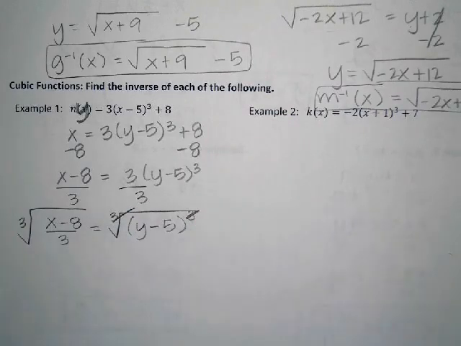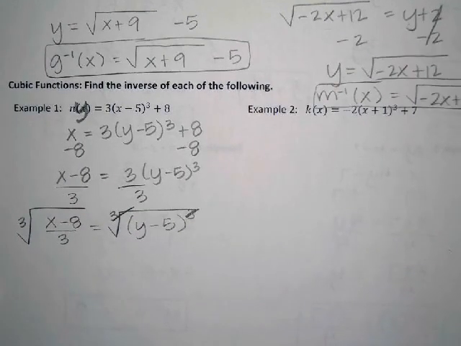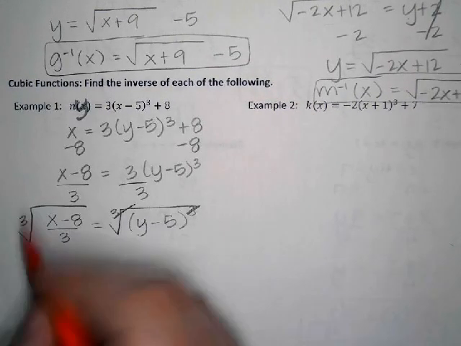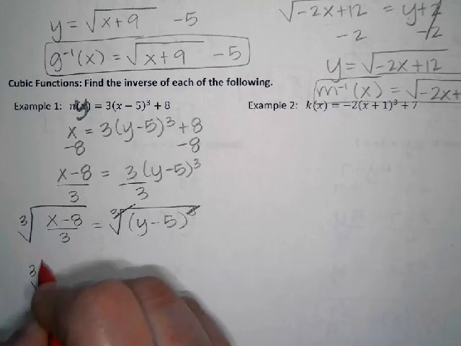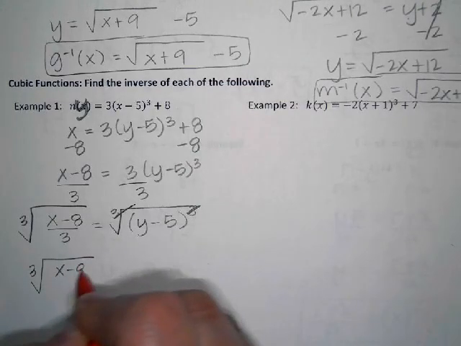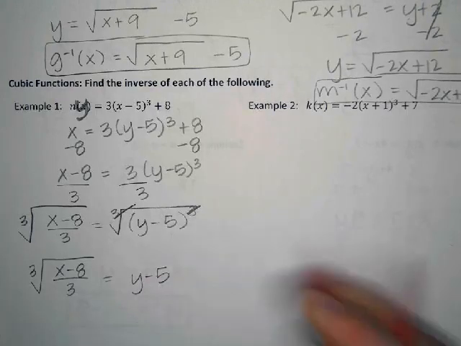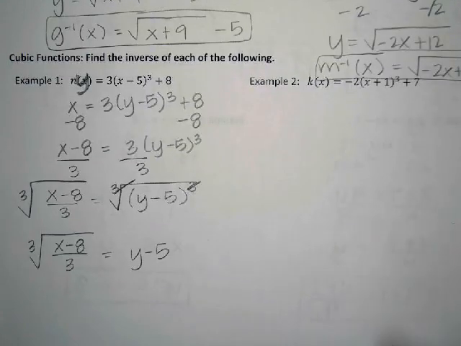So we got cube root x minus 8 over 3 equals y minus 5. Okay, and then what should we do? Add that 5 over. So the y is all alone.